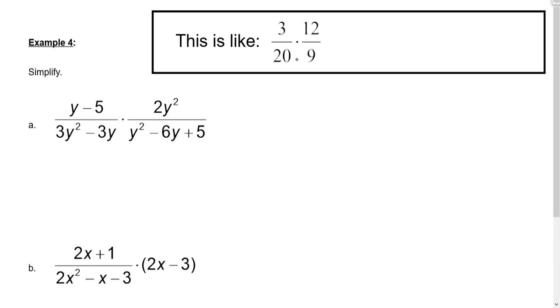Hopefully you remember that when we're doing problems like 3 over 20 times 12 over 9, what we're really saying is this isn't two rational expressions, the first being 3 over 20 and the second being 12 over 9 being multiplied together, but it's really just one rational expression, okay? So it's really just 3 times 12 over 20 times 9, okay?